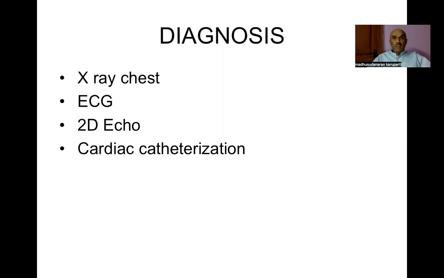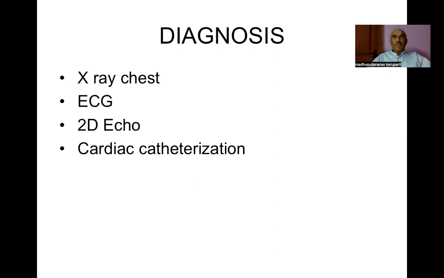Coming to the diagnosis. In the light of the clinical features, take the X-ray chest, which shows cardiomegaly, pulmonary congestion, dilatation of the pulmonary trunk, and dilatation of the left atrium and the left ventricle. 2D echo shows the chamber dilatation, and Doppler shows the flow of blood from the aorta into the pulmonary trunk.